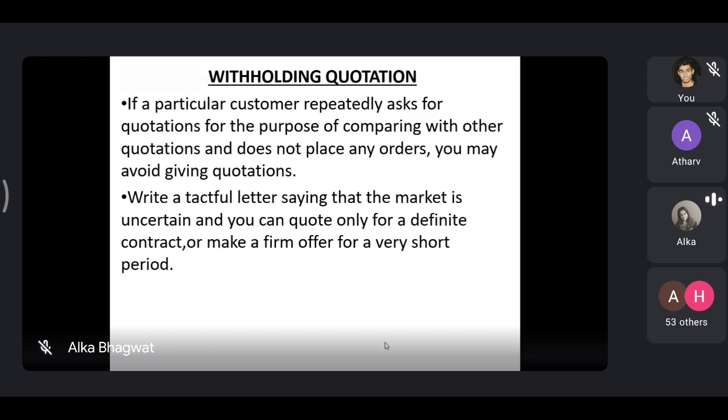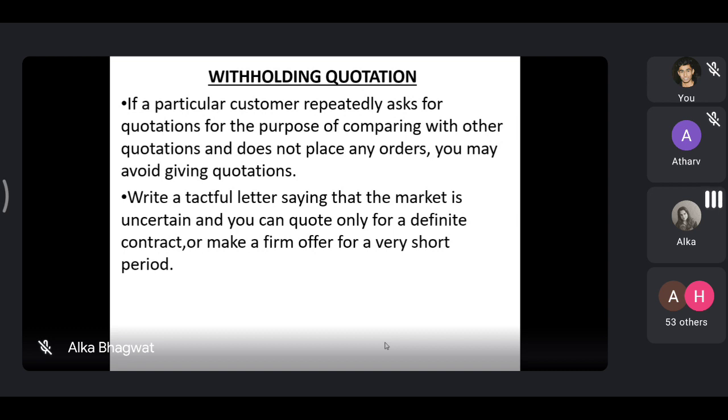Okay, so this is when you write a letter of quotation where you tell him very politely and tactfully that the market is uncertain. You can quote only for a definite contract or make a firm offer for a very short period. So that is how you will write a quotation.